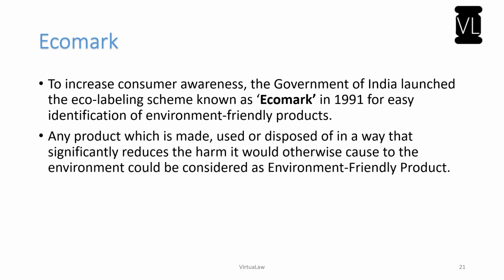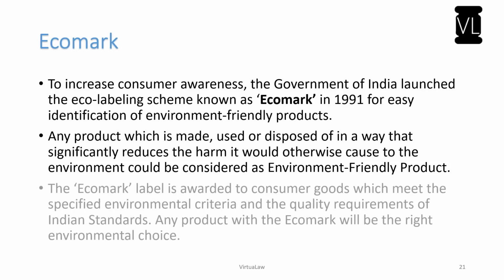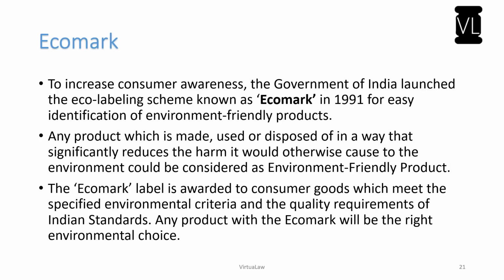If a product is used in a way which reduces the harm caused to the environment, it is considered an environment friendly product, and an Ecomark will be awarded to such consumer goods which meet the specified criteria and the requirements of the Indian standards. In case you find any product with the Ecomark, that is the earthen pot, you can regard it as an environment friendly product. So this is the concept of Ecomark.